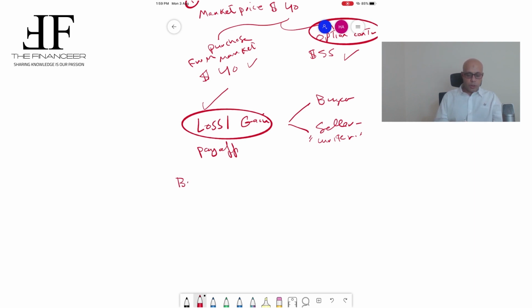Let's start with the buyer. The buyer is going to purchase from the market and is going to pay $40. Did the buyer lose anything here in this transaction? Yes. The buyer already paid one month ago the cost to acquire this option contract, which is $1,000.